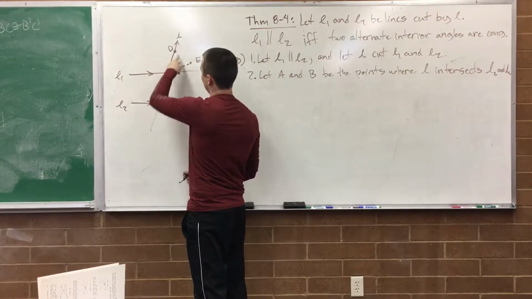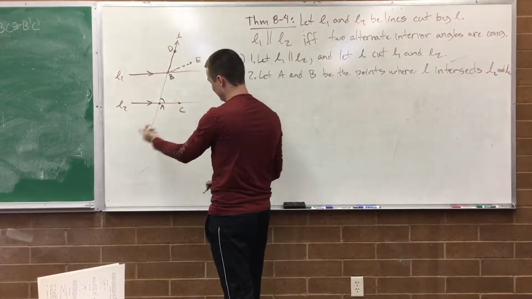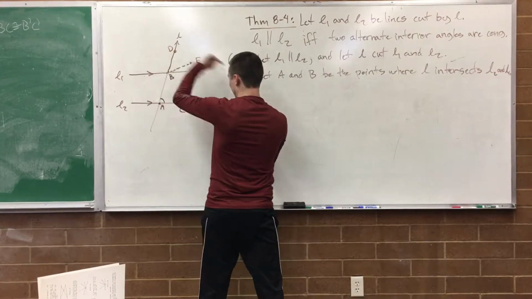Now we need to say, let D be such that ABD, and let C be some point on the side of AB, and then construct this angle on that same side.